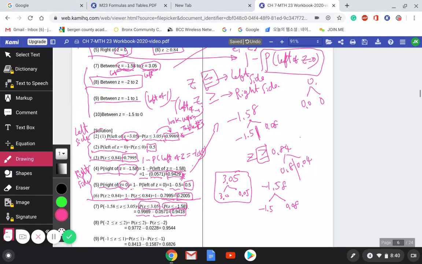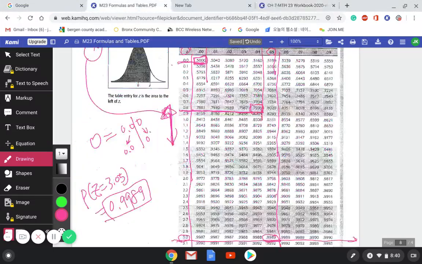So that was number 7. Now we are doing number 8, which is left of 2 minus left of negative 2. Left of 2 is in the table, 2.00 here, right? 0.9772.